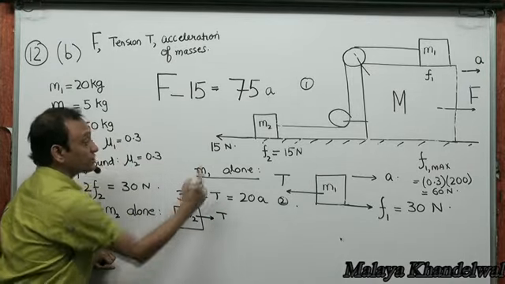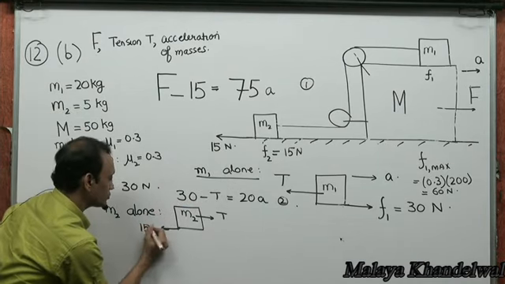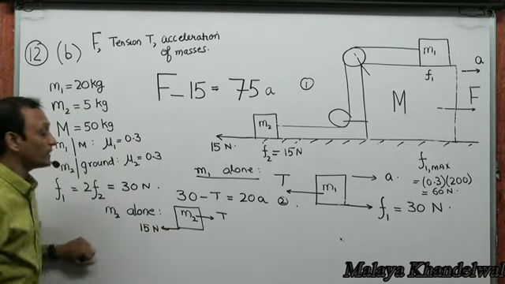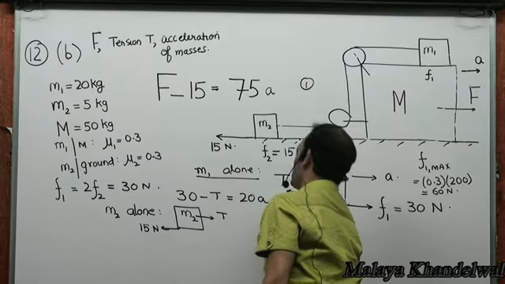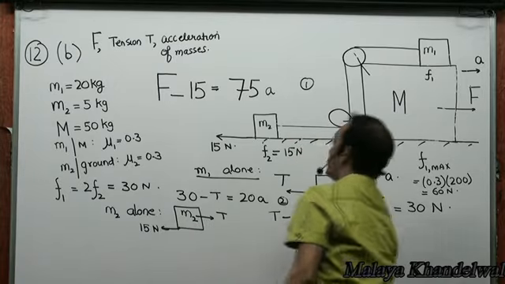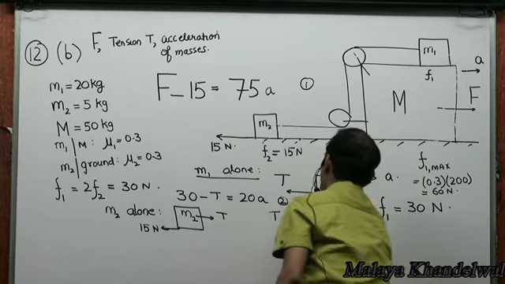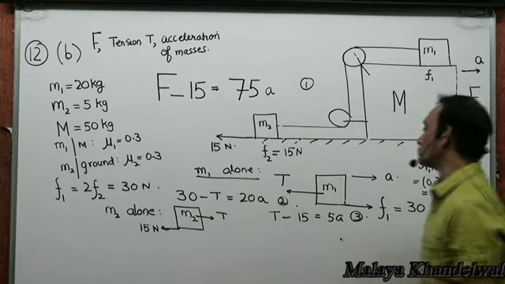There is the frictional force, which would have reached its maximum static value, 15 newtons. That means the equation of motion is T minus 15 equals M2, which is 5, into A. Equation 3. Yes or no?